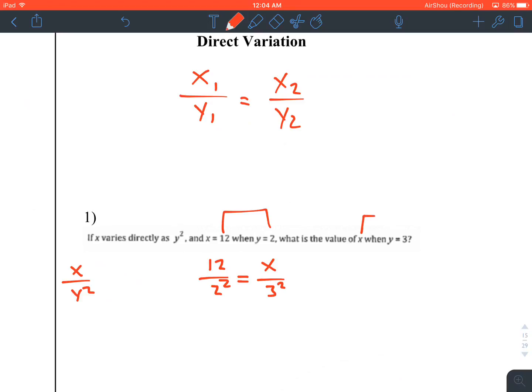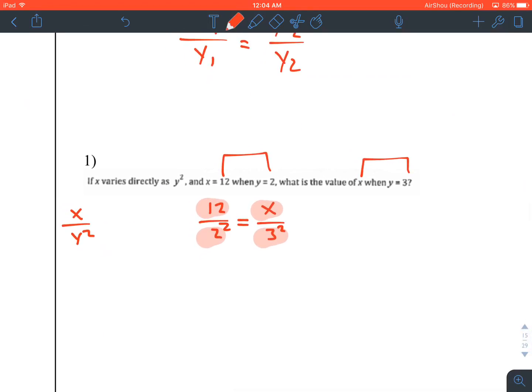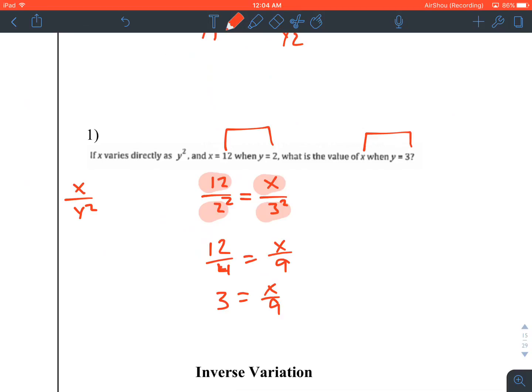And then these two go together: we don't know what x is, and we know y is 3. So it's x over y squared equals x over y squared. It's direct variation, so it's going to be 12 over 4 equals x over 9. 12 divided by 4 is 3. If you multiply both sides by 9, you're going to get x is 27. Wonderful.